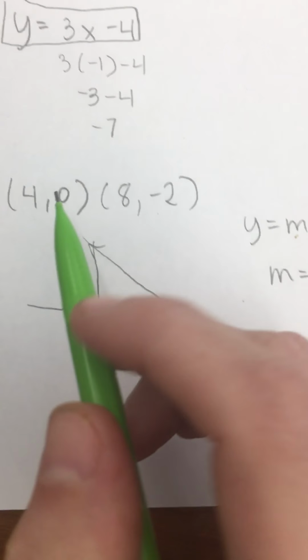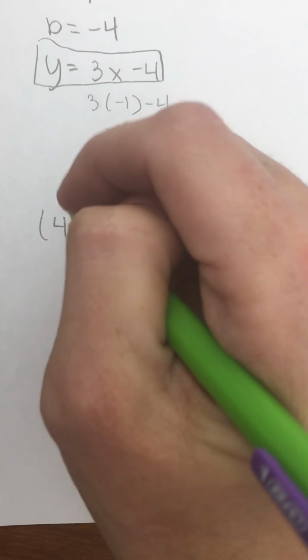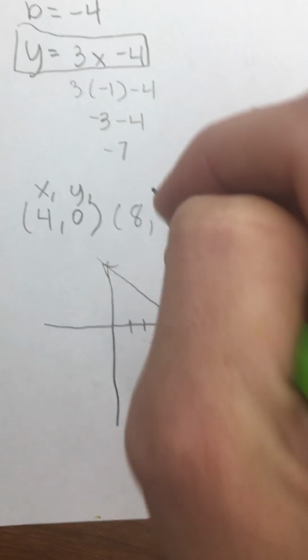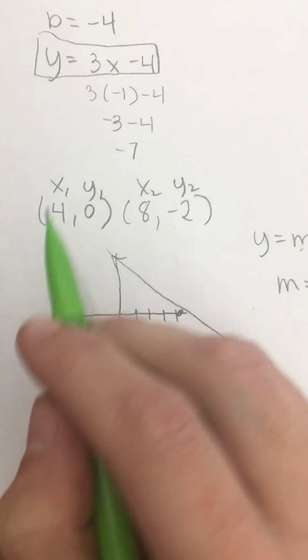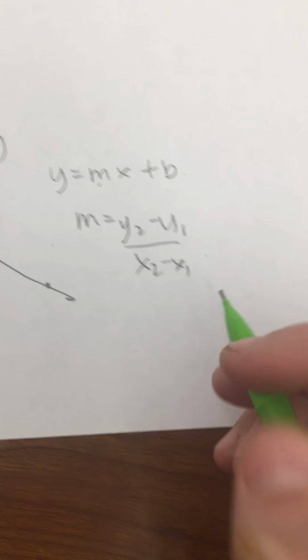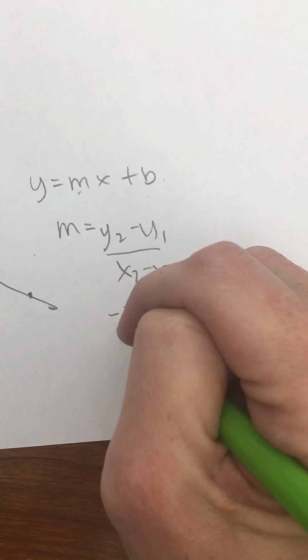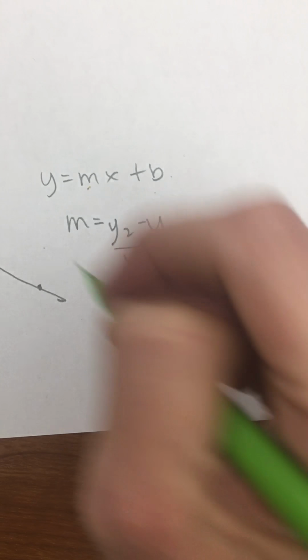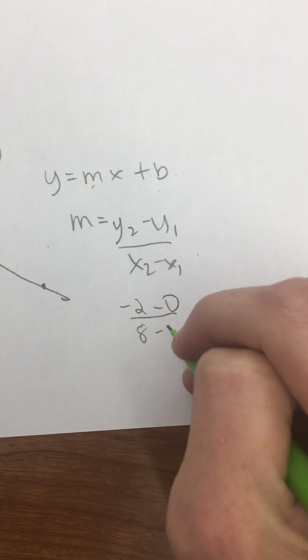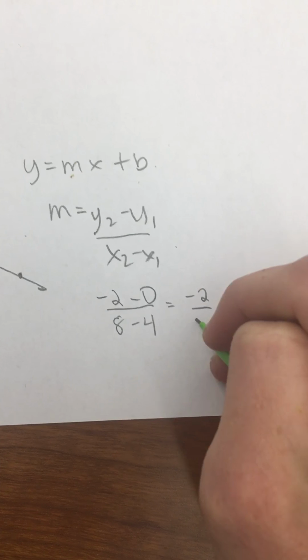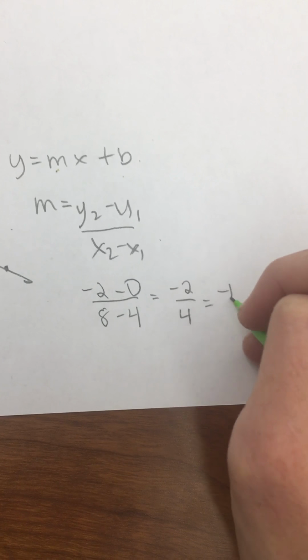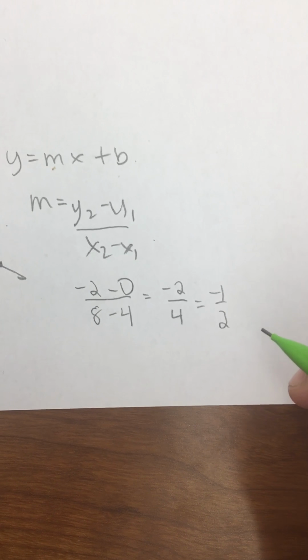This is my first point, this is my second point, so this is my x1, this is my y1, this is my x2, this is my y2, and I'm going to substitute these values into this equation. So I have -2 minus 0 over 8 minus 4. I'm getting -2 over 4, which simplifies to a -1/2 slope.